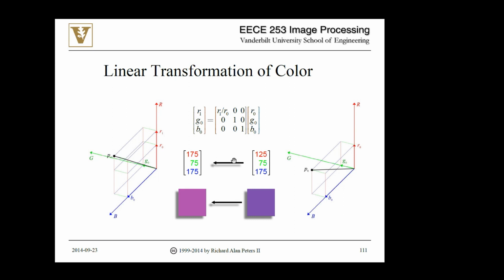In this particular example, we are increasing the red. So we have the original vector, and we increase the red, but we leave blue and green unchanged. So we are making the image more red.